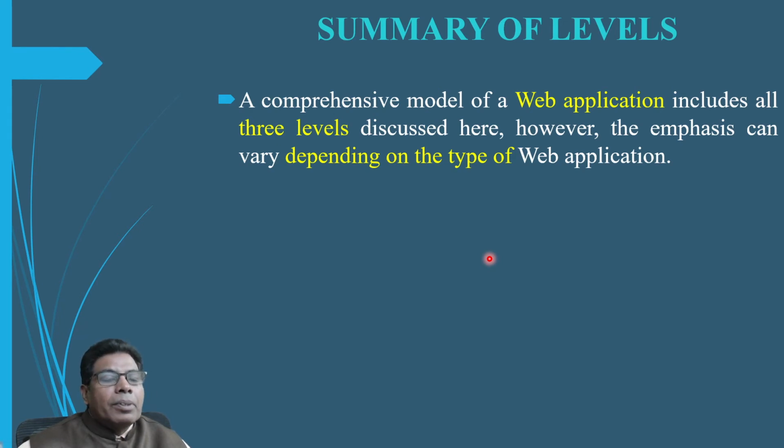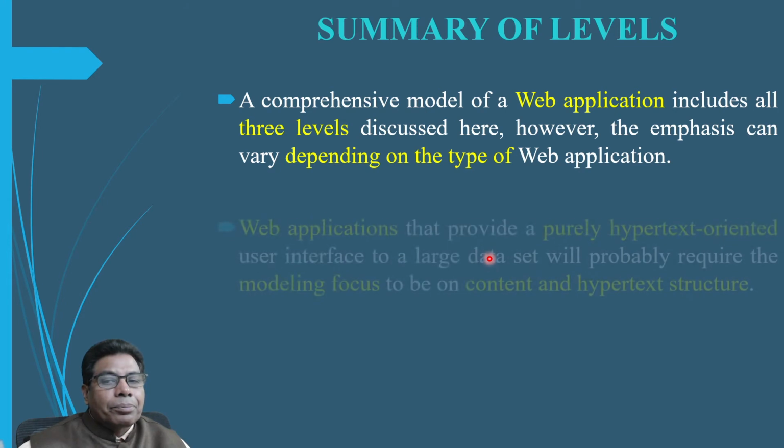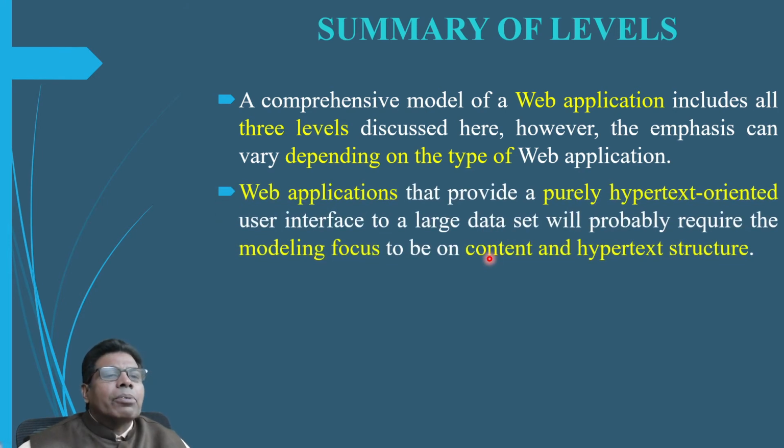So the emphasis will vary depending on the type of application. So web applications that provide a purely hypertext oriented user interface to a large data set will probably require the modeling focus to be on the content and hypertext structure. So for that, the content and hypertext structure will be important.